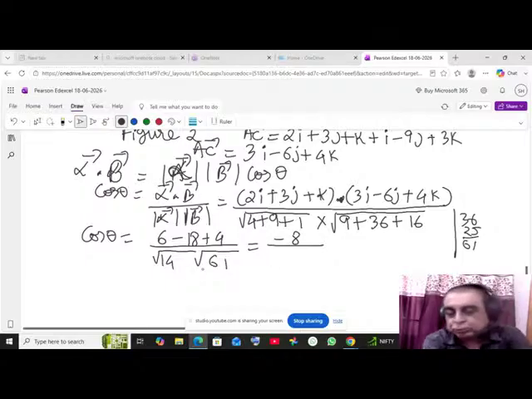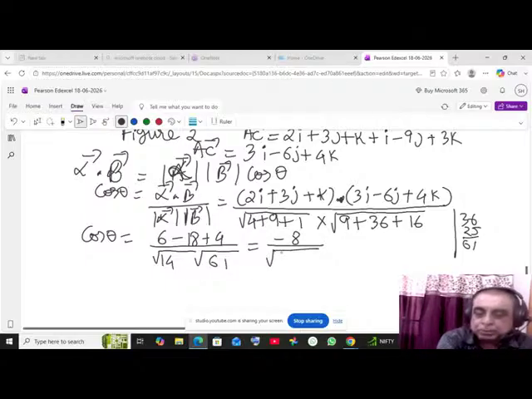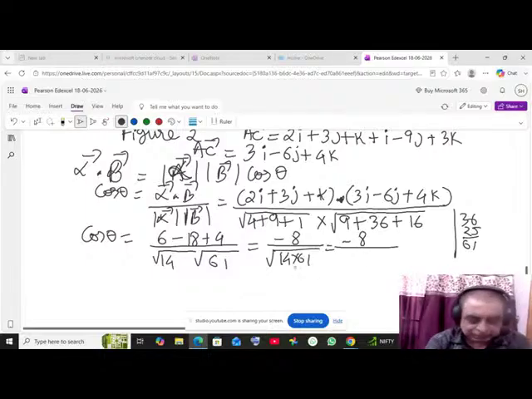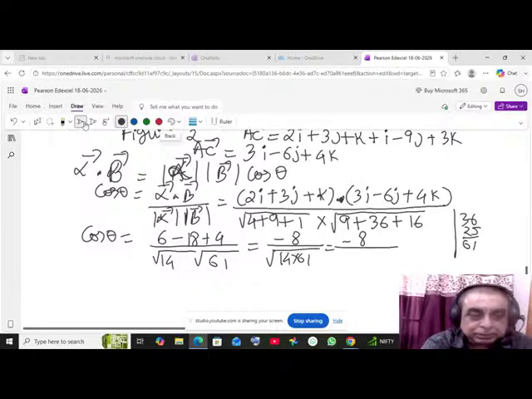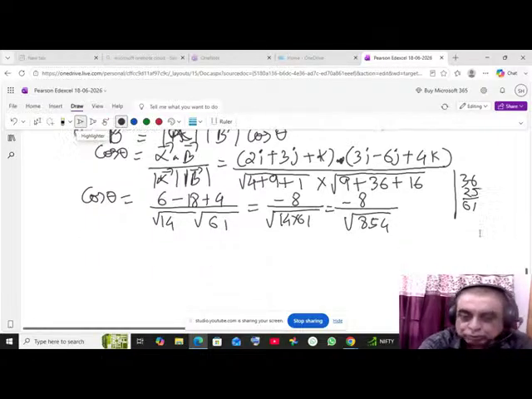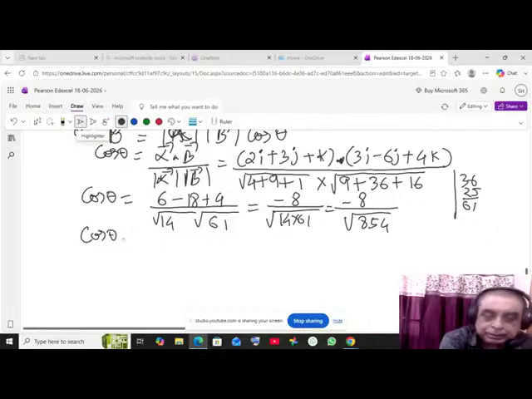The denominator becomes the square root of 14 multiplied by 61, which is the square root of 854. So the value of cos theta is minus 8 divided by the square root of 854.